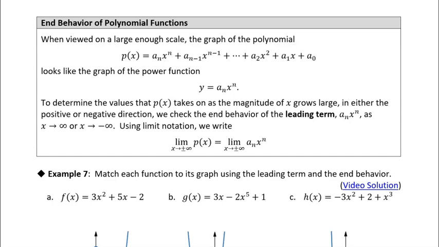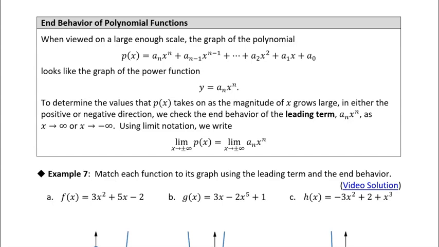So in the long run, the polynomial function has the same behavior as the leading term, right? The leading term is that a sub n times x to the n minus 1. All right, so that a sub n is just a constant, and that n has to be the highest power of x in that polynomial.